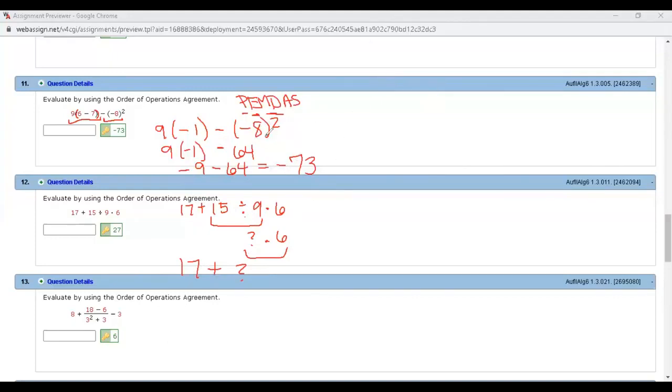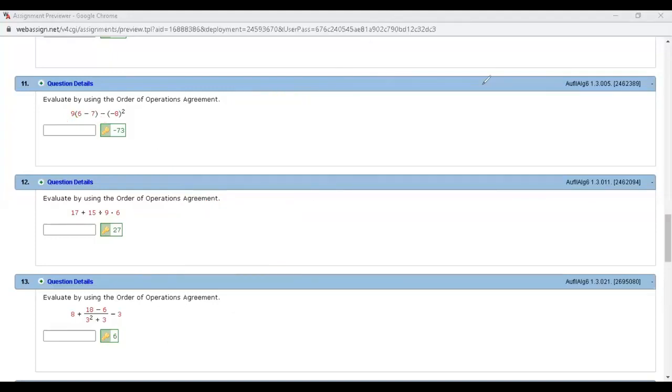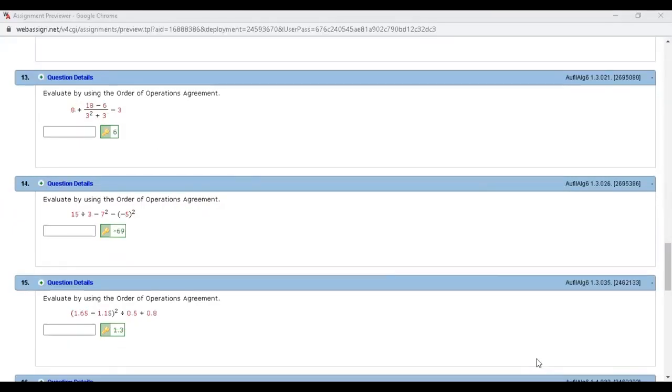Now let's take a look at number 13, because I know some of y'all are probably looking like, what? So let's look at 13, 14, and 15. So first of all, let's rewrite it, and let's kind of break it down and just really look at what's going on.